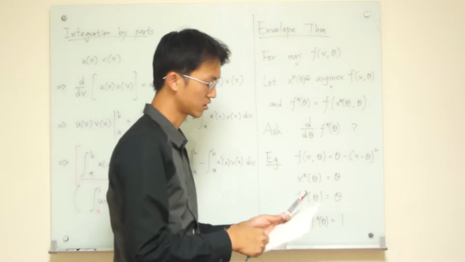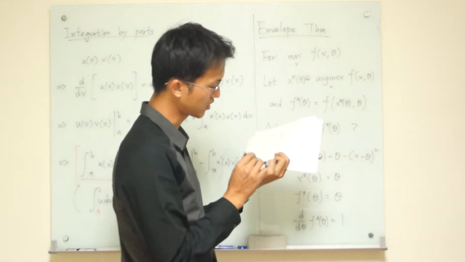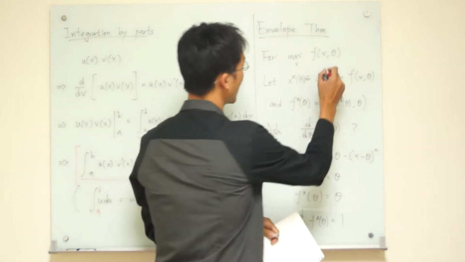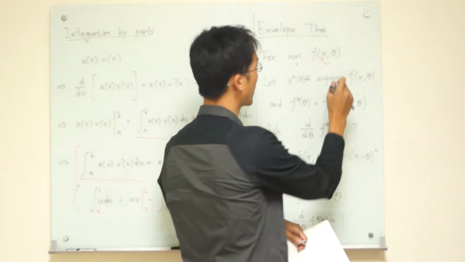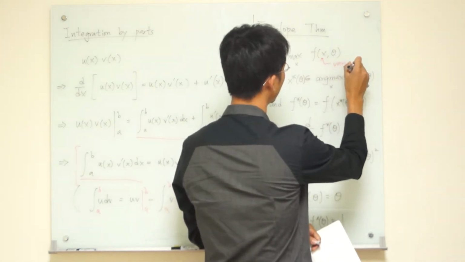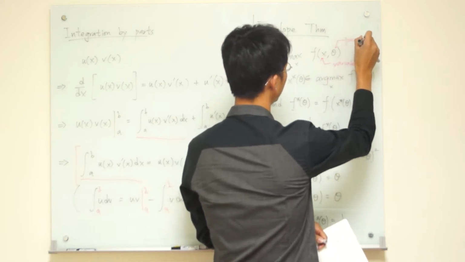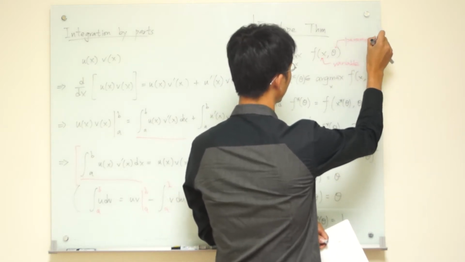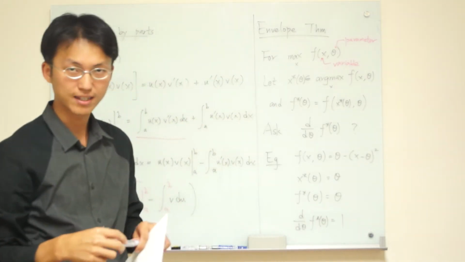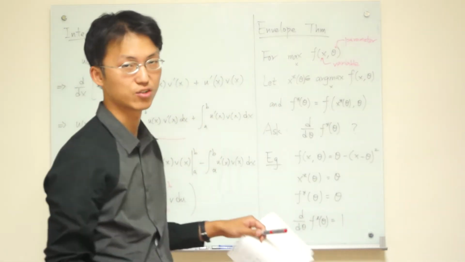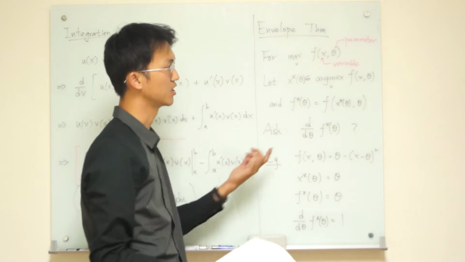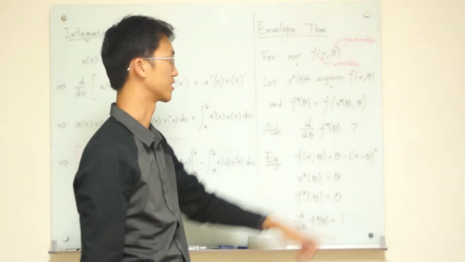In this case, certainly x and theta are somewhat different. x is the variable, and theta is the parameter. In general, they can be multi-dimensional, I mean, a lot of variables, a lot of parameters. But here, let's assume theta is a scalar.